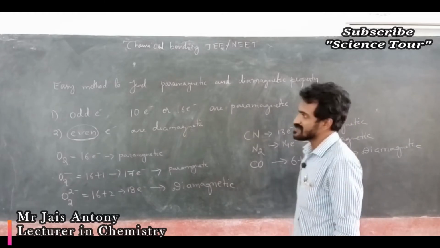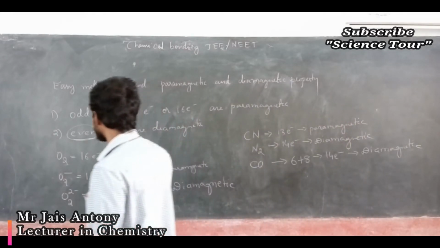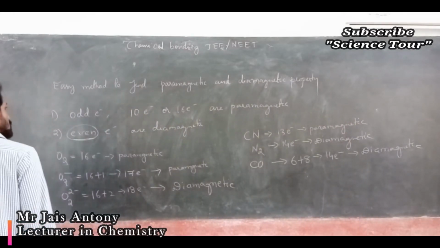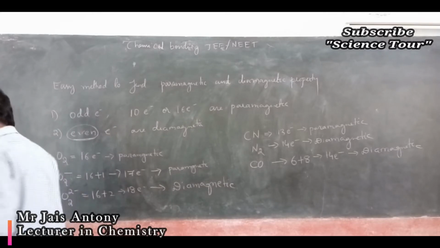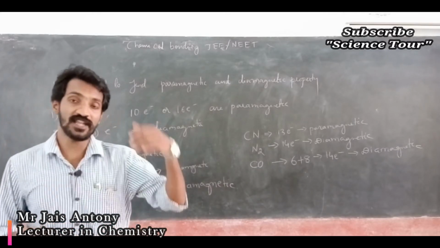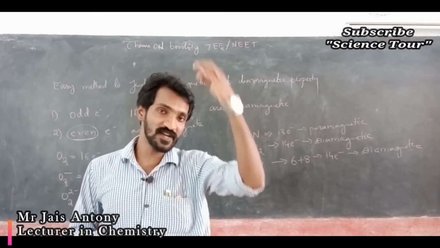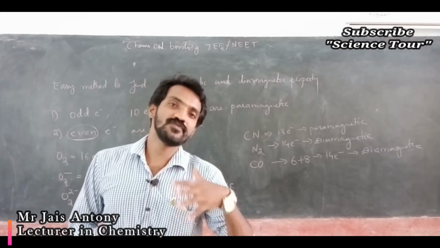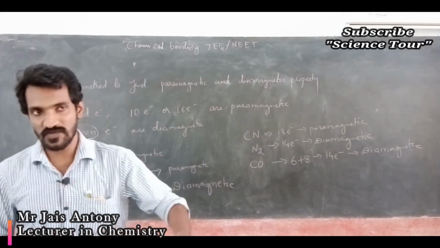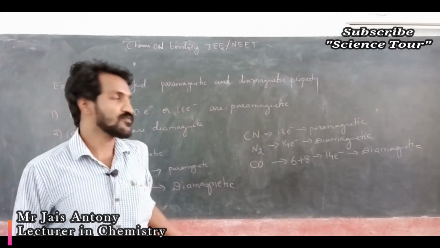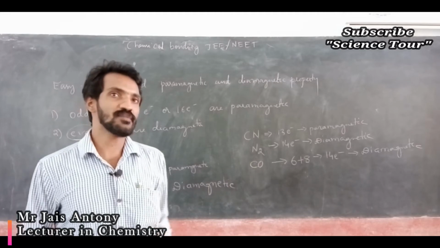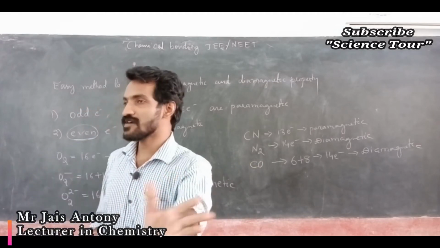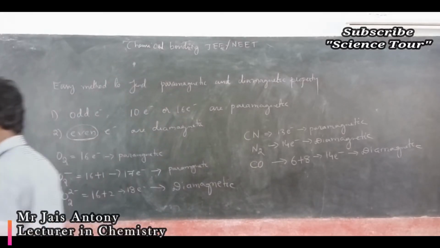So this is the simplest method to find out magnetic property. Otherwise you have to substitute all the electrons. That discussion, how to find out, I explained in the board class. Other than this, by a very simple method, just substituting in this particular formula, you get the magnetic property, and easily you can get 1 mark, meaning 4 marks.